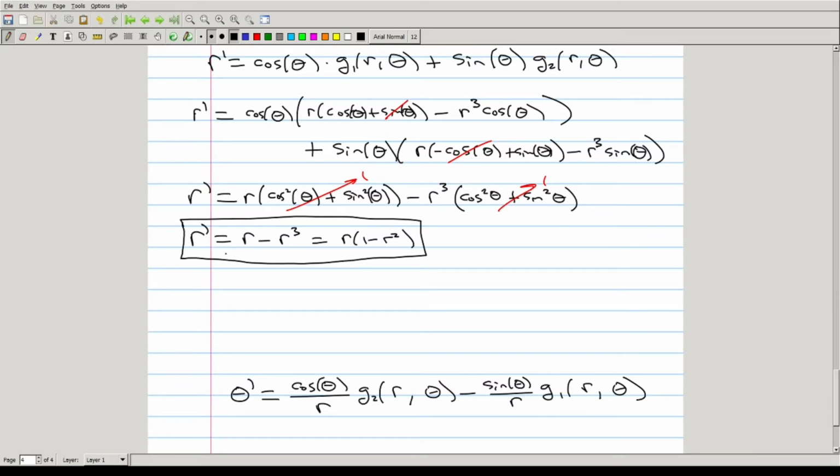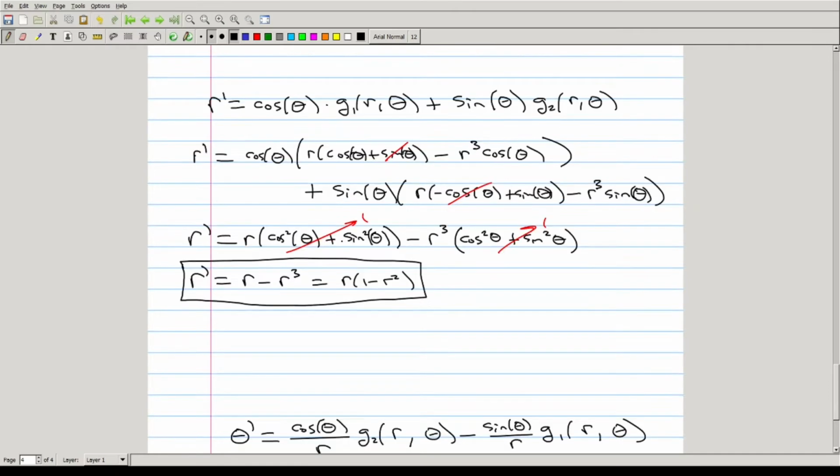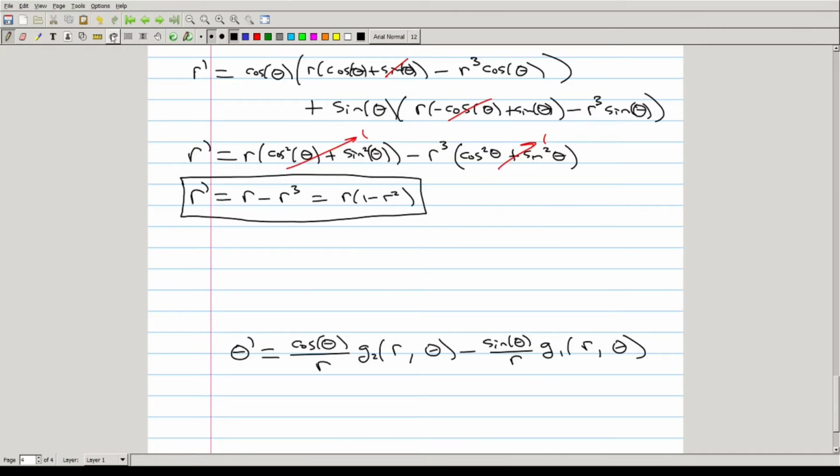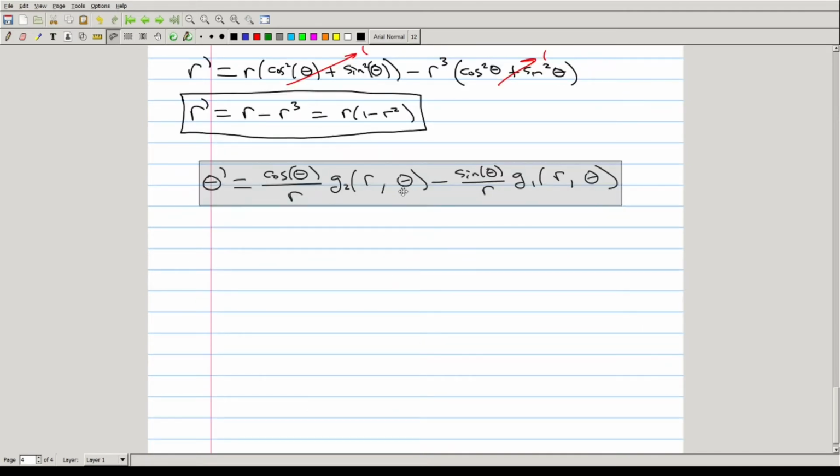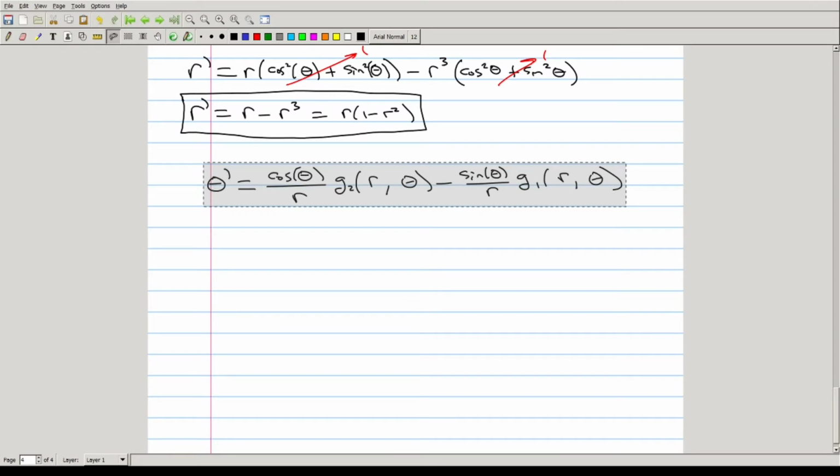But simultaneously we do have to solve the theta equation now. And I'll let you go through and verify what the theta differential equation is going to be, but we are going to use it, so I will plug it in here.